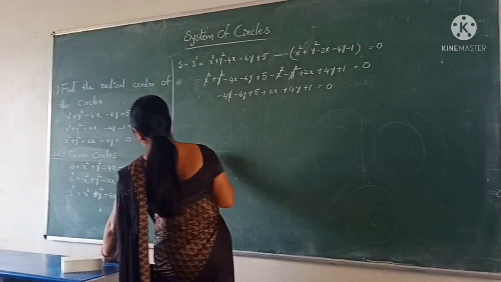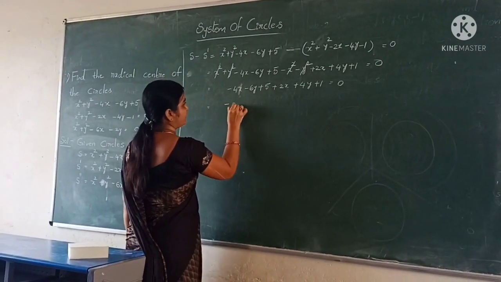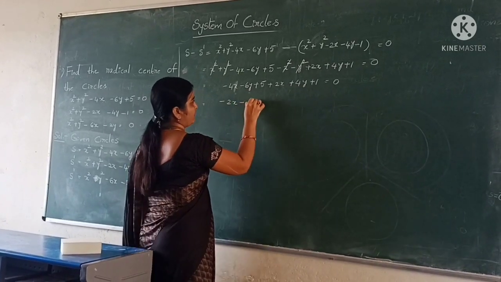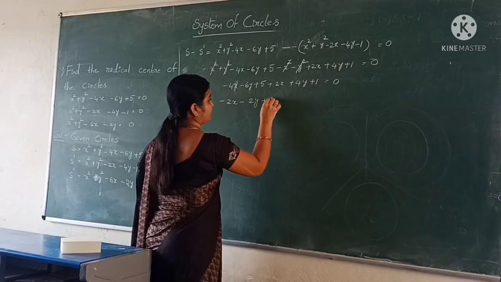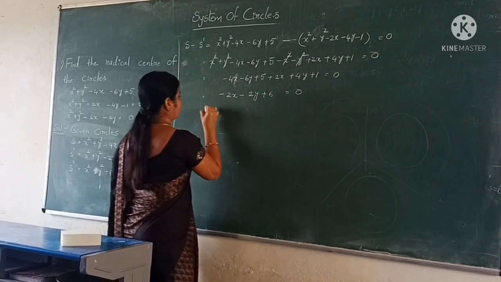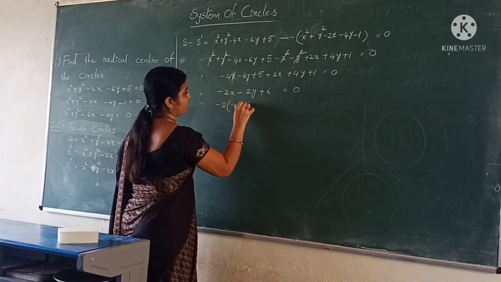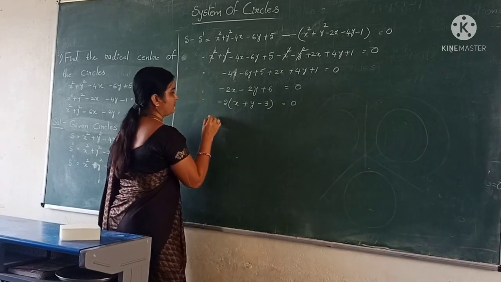That is minus 2x minus 2y plus 6 is equal to 0. Taking minus 2 common, x plus y minus 3 is equal to 0.